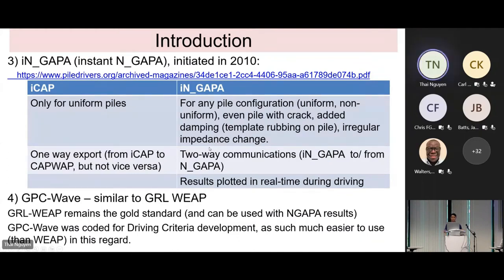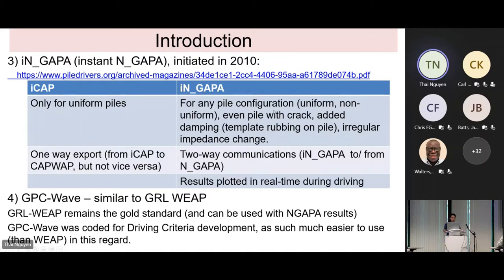And then the instant NGAPA. The I there stands for the instant. This instant version, compared to ICAP, has a lot of advantages. The NGAPA is for any pile configuration: uniform, non-uniform, even piles with cracks, with added damping.